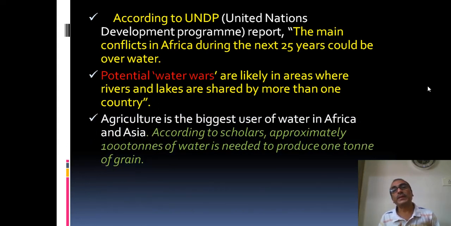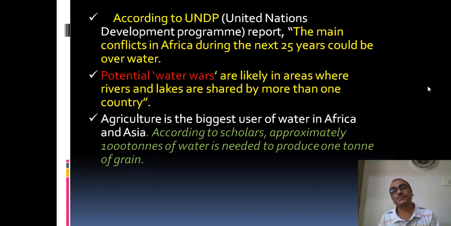Agriculture, as we know, is the biggest user of water in Africa as well as Asia. The countries that mainly depend on their agricultural products use a great deal of water from water resources: rivers, lakes and ponds.